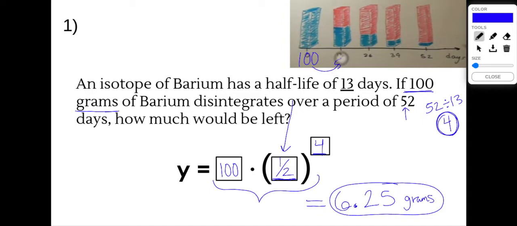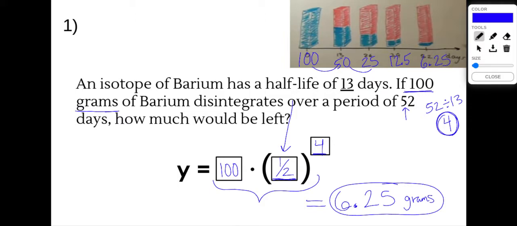So I would have only 50 grams of barium. Another period of 13 days goes by, and now I only have 25 grams of barium. It gets cut in half again. Another period of 13 days, another half-life, I would be at 12.5 grams of barium. And then another half-life, one more half-life getting me to 52 days, will be 6.25.